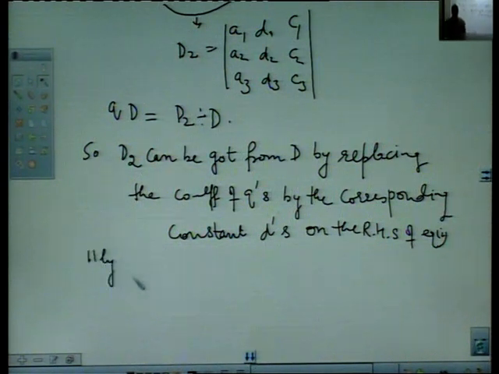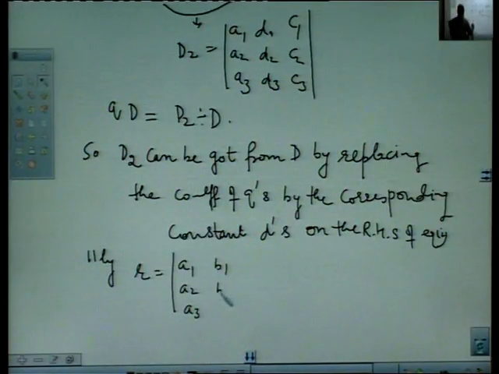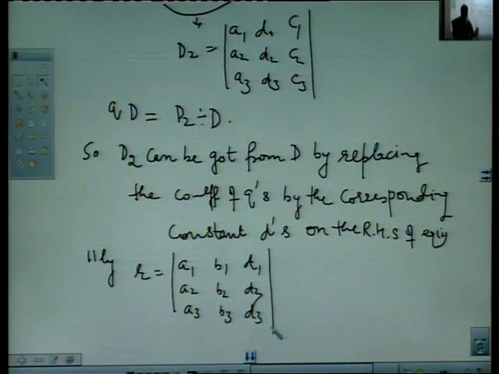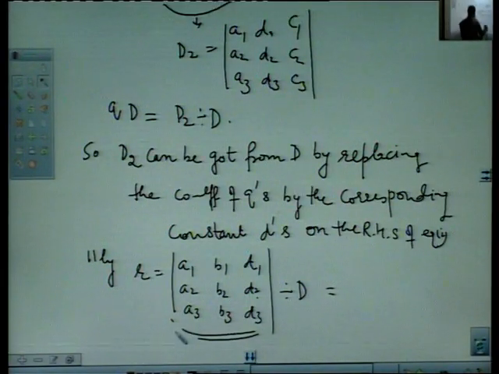Similarly, R is equal to the determinant A1, A2, A3, B1, B2, B3, D1, D2, D3 divided by D, and take it as D3.